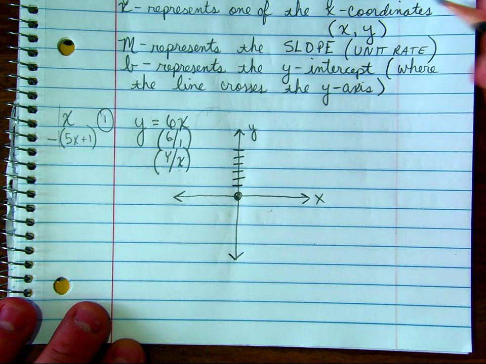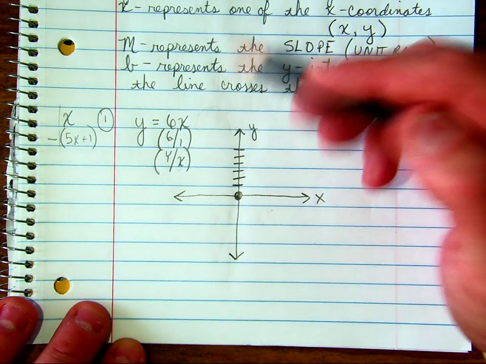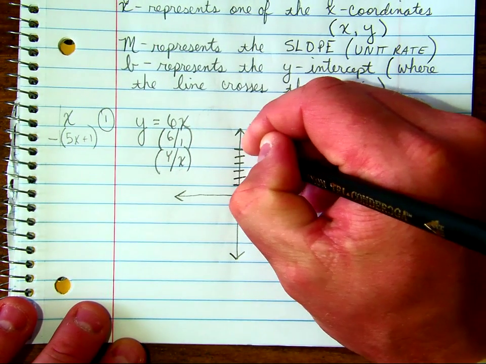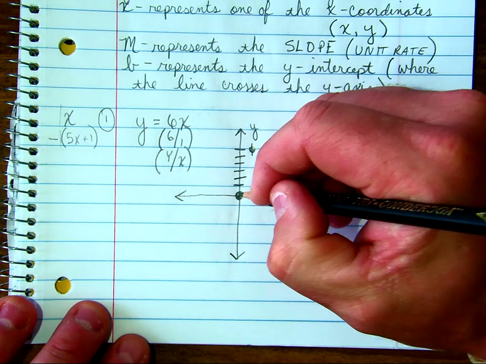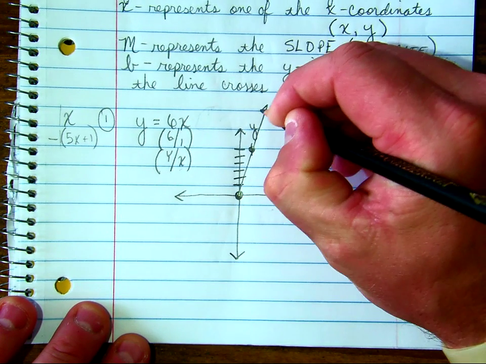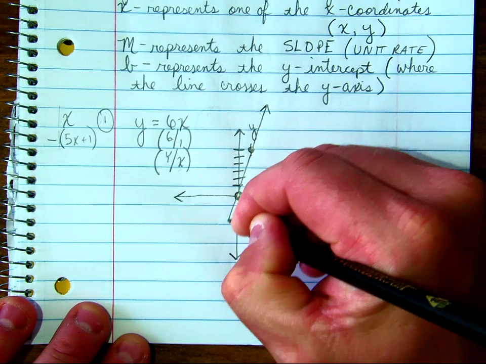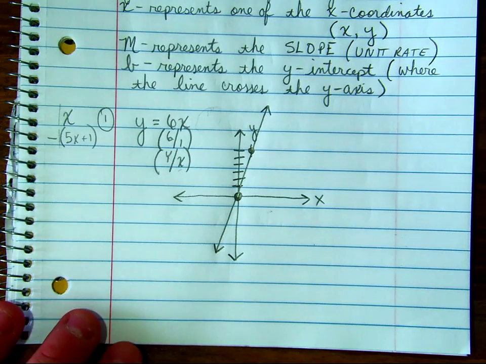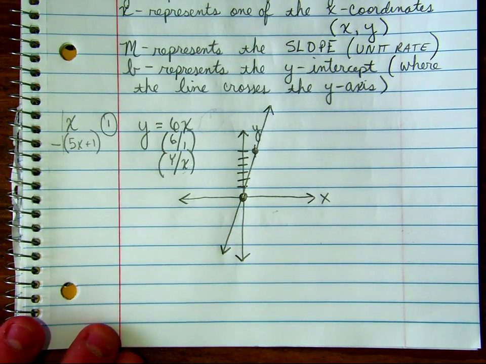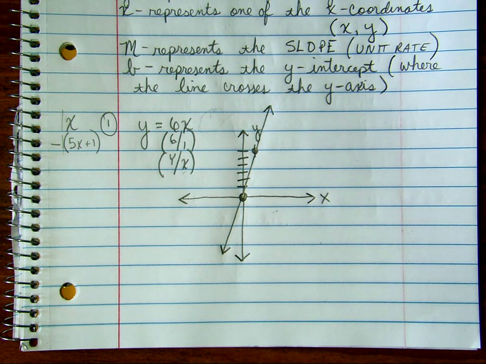And I'm going to go to the right 1 because the 1 is positive. And then I'm going to connect my dots. And that is what the line y equals 6x looks like.